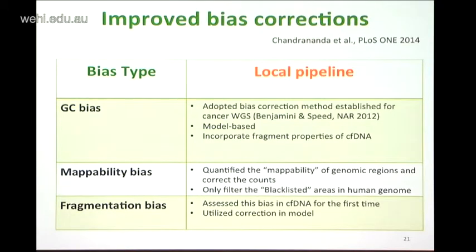What we did was to incorporate properties of cell-free DNA fragments, such as length, to make it more tailored towards cell-free DNA. To account for mappability bias, we did not use a hard filter. We quantified the mappability in each genomic region and corrected the counts according to that mappability.